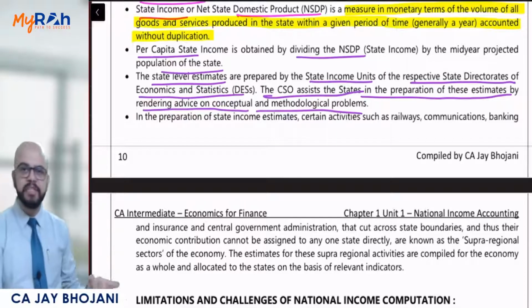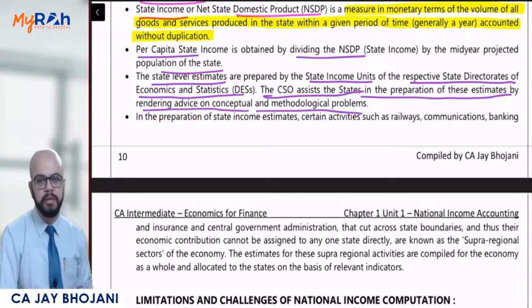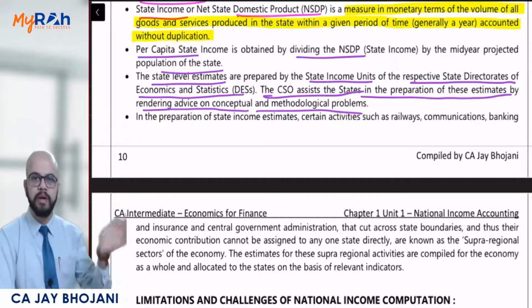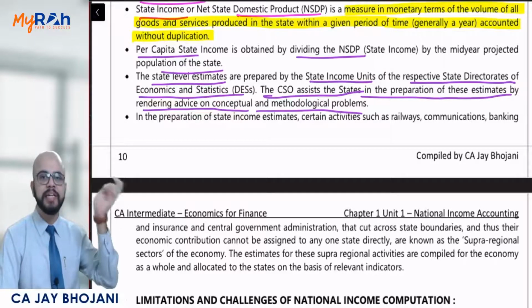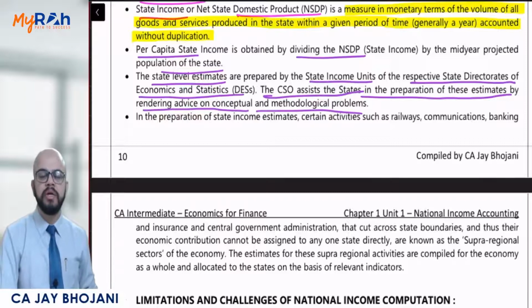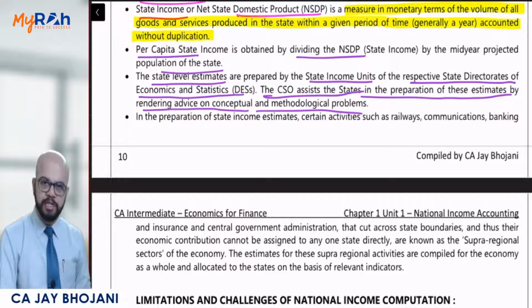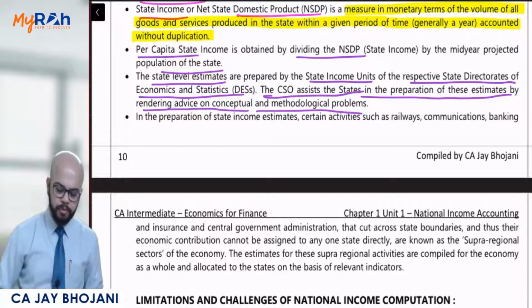So if the DES face any problem, they will be advised and guided by CSO. Because even at national level, CSO is the one which makes all the strategies and rules regarding calculation of national income. So for district level and state level as well, if there are some problems, CSO will help.